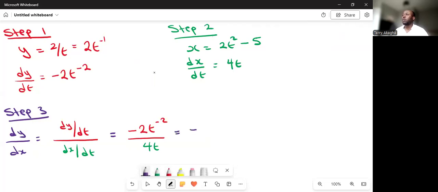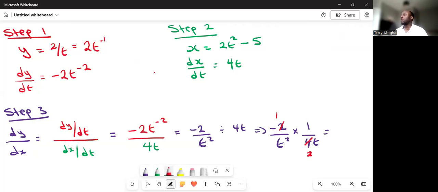So minus 2t to the power of minus 2 is the same thing as saying minus 2 divided by t squared, divided by 4t. So this is going to give us minus 2 over t squared times 1 over 4t. 2 can go here, 1. 2 will go there, 2.